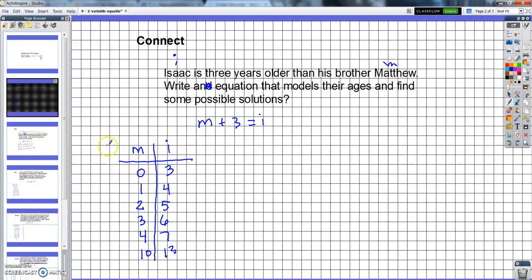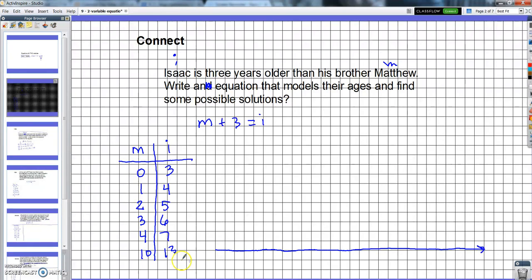So let me remind you how this worked. What we did with the coordinate plane is we made a number line for our first variable, for Matthew's age. And we drew a number line. Then I'm going to say Matthew could be 0, 1, 2, 3, and so on.